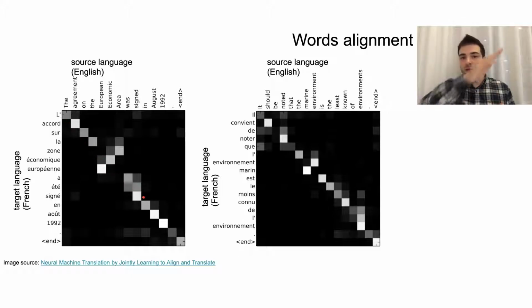Almost all the time, the word order is the same, so we have an almost diagonal word alignment matrix. But in some cases, like for European Economic Area, we have the opposite direction in which it's written in French, so zone, economic, European. I don't speak French, so sorry for the pronunciation if it really doesn't sound that way.